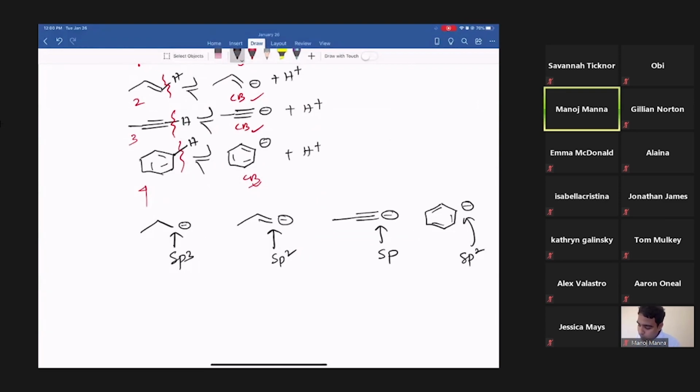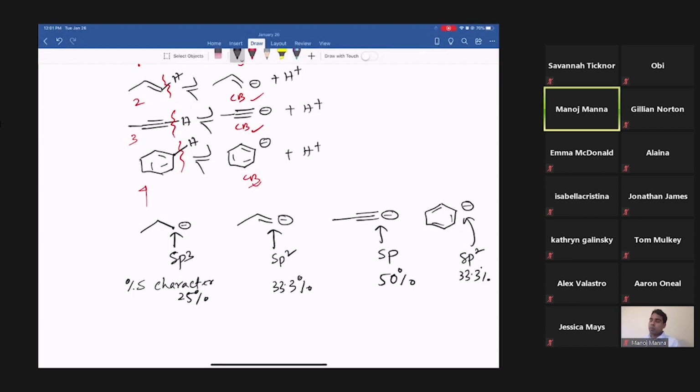Now, if that is the case, what do you know? If it is an sp3 carbon, the percentage of s character is 25%. Here, sp, 50%. Here, sp2, 33.3%. So if we have a hybridized orbital sp3, that means this particular carbon has 25% s character, and sp2 has 33.3%.